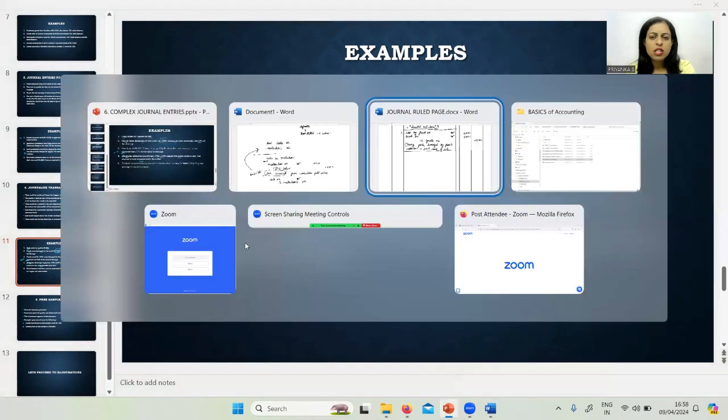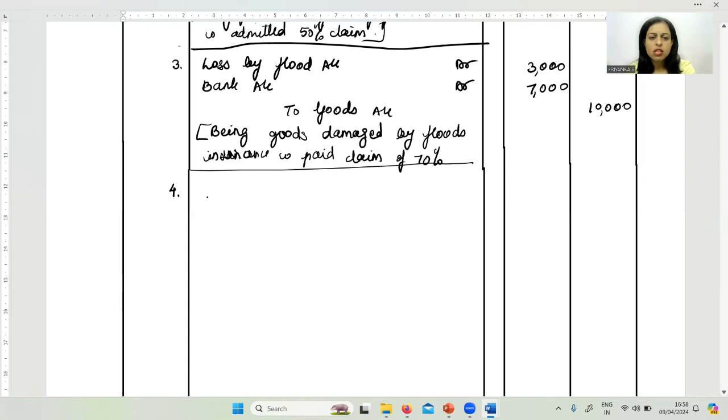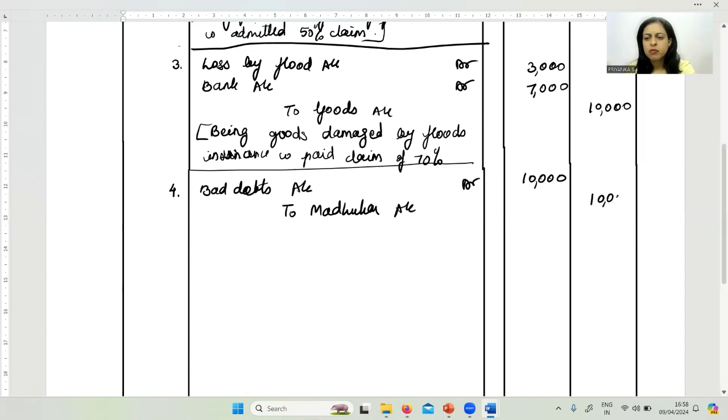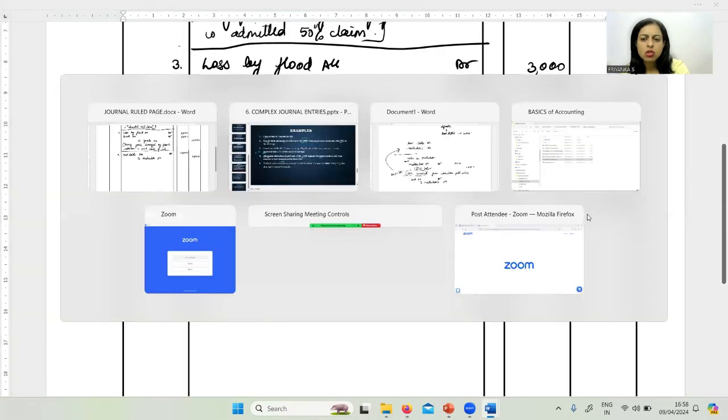So, let's write the fourth transaction in the journal. I will put bad debts account debit. I don't need to write bad debts loss account necessarily, because bad debts itself shows that it is a loss. So 10,000, and to Madhukar's account. Who gave us this loss? Madhukar gave us this loss, so Madhukar's account is credit. Debit is bad debts because it is a loss.